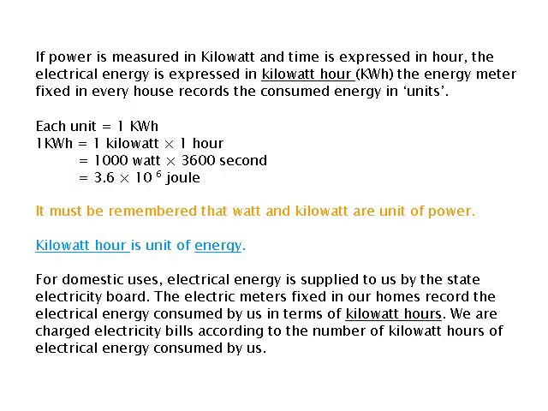The energy meter fixed in every house records the consumed energy in units, each unit equal to 1 kilowatt hour. 1 kWh equal to 1 kilowatt into 1 hour equal to 1000 watt into 3600 seconds equal to 3.6 × 10^6 joules.